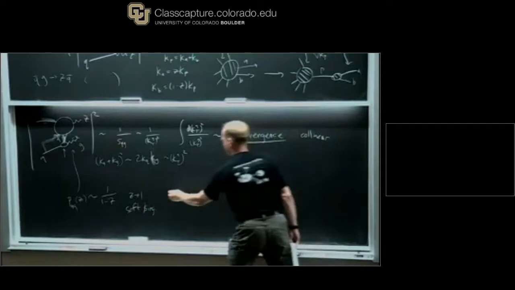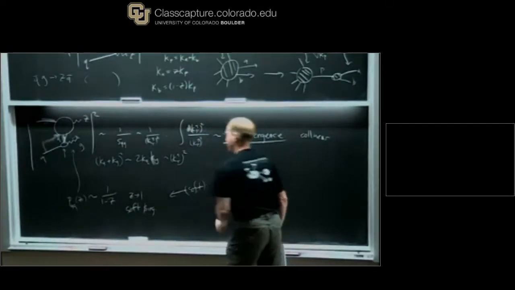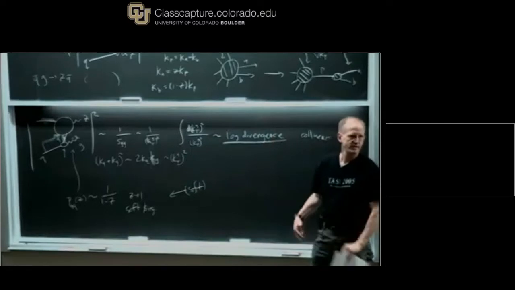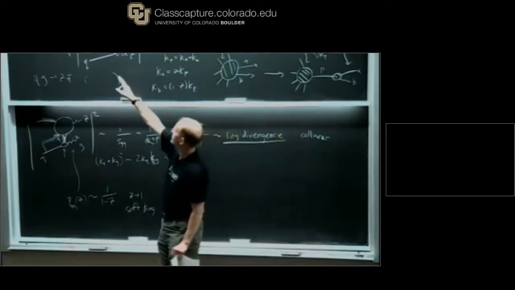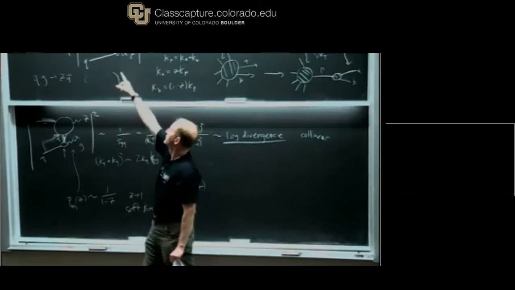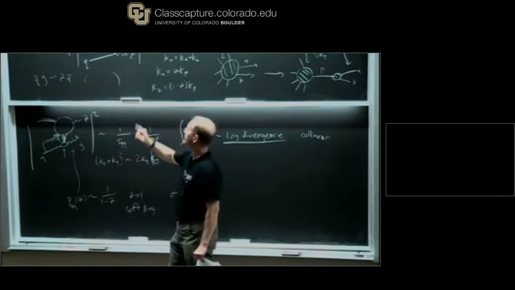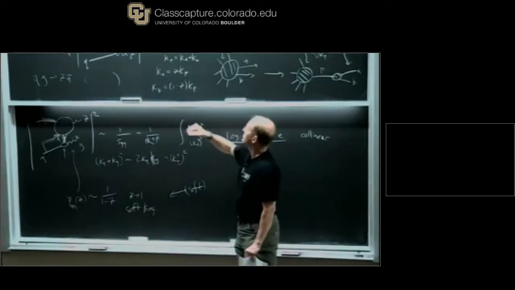And then there's a second soft in this case. But when I was answering Anthony's question about the gluon distributions, I mentioned that when the gluon splits to QQ bar, this one doesn't have a soft singularity. It's smooth as z goes to 1. It just has a collinear one.